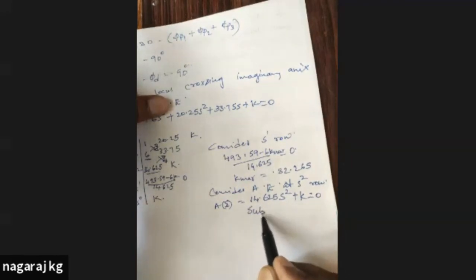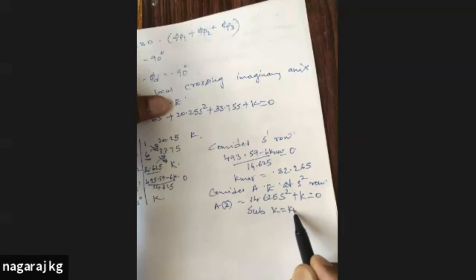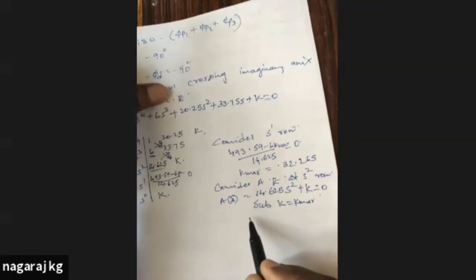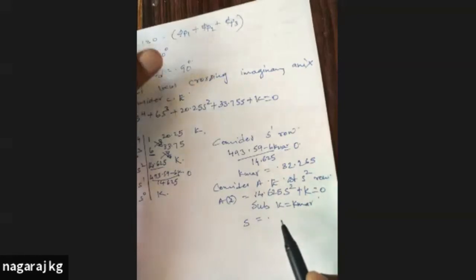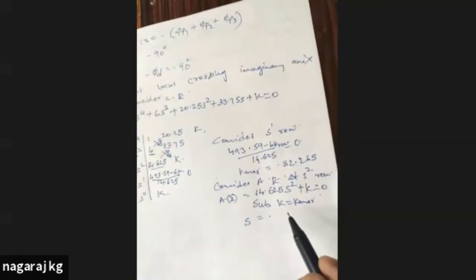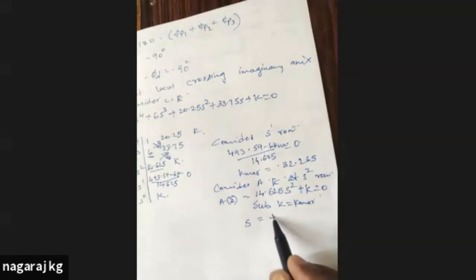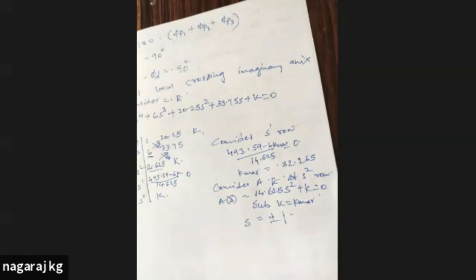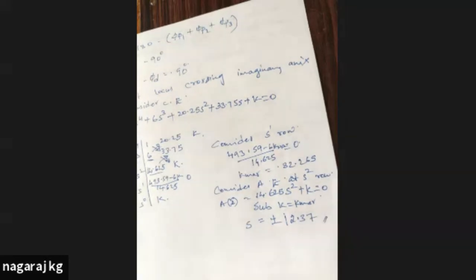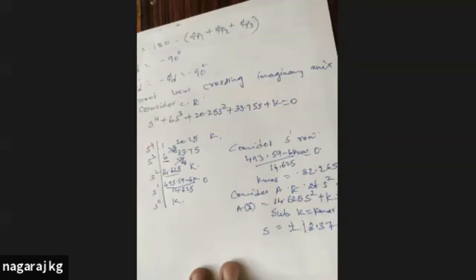Substitute K equal to K marginal, which you already got as 82.265, and find the S value. You will get S as plus or minus j2.37. This is the value of S at which the root locus will cross the imaginary axis.